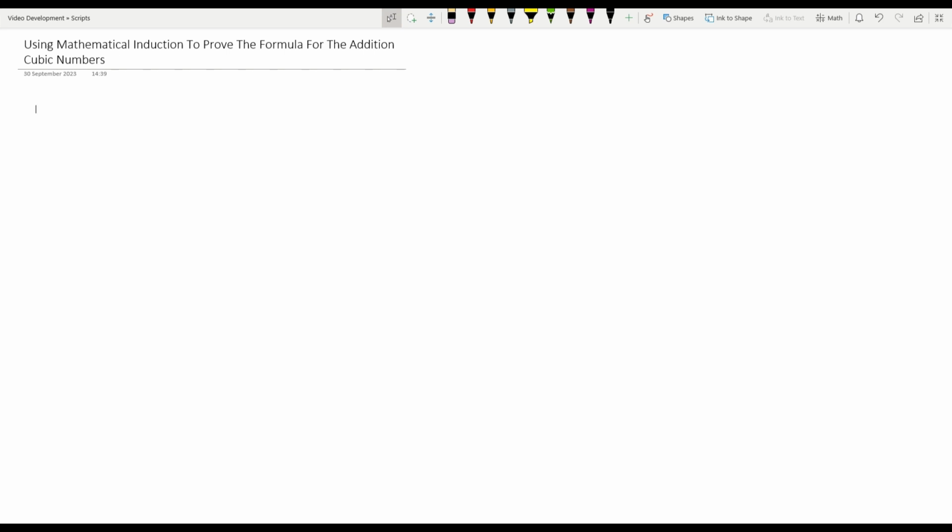Now I'm going to prove that 1 cubed plus 2 cubed plus 3 cubed plus ... plus n cubed is equal to a quarter of n squared times (n plus 1) squared. And I want to show that this equation works when n is greater than or equal to 1.